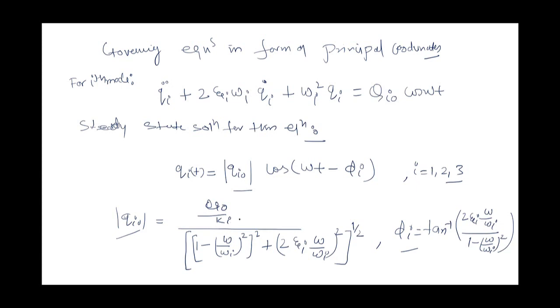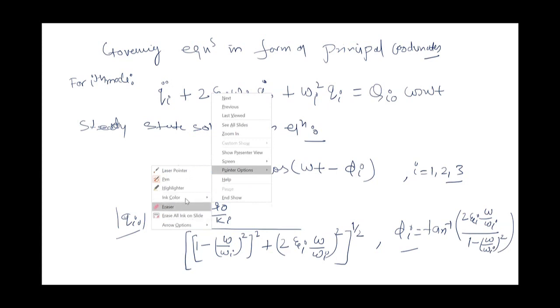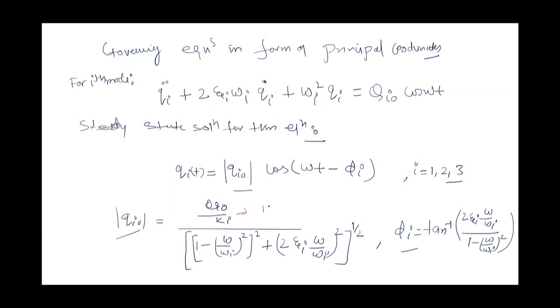Again, Ki equals omega i square, so K1 is equal to omega 1 square, because modes are orthonormal, and we can find this from the stiffness matrix.